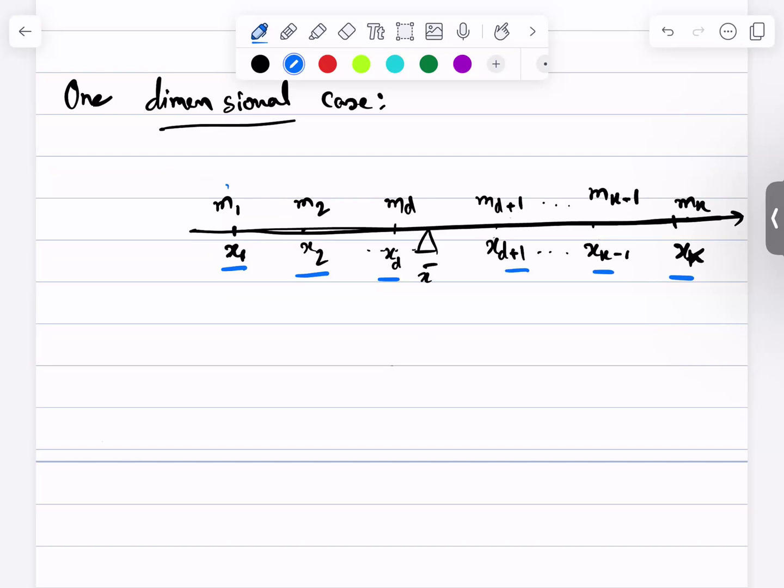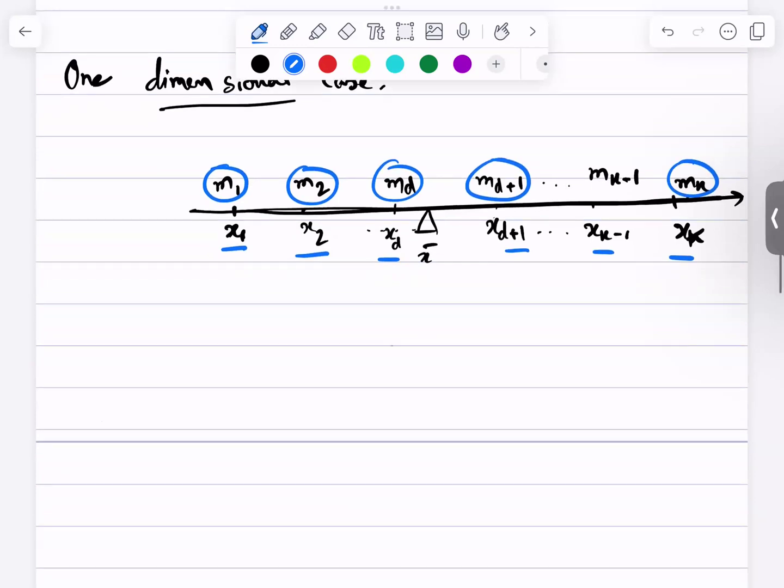On these points, I have different masses: m1 at x1, m2 at x2, md at xd, md plus 1 at xd plus 1, and so on till mk at xk. Then the question is, for this system of masses, what will be the center of mass?